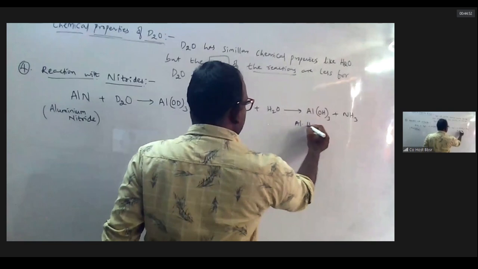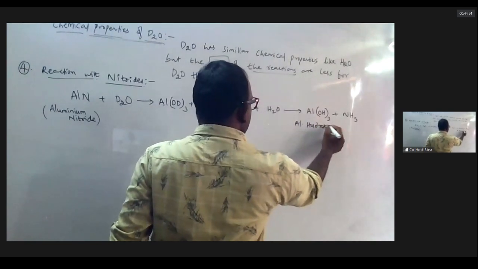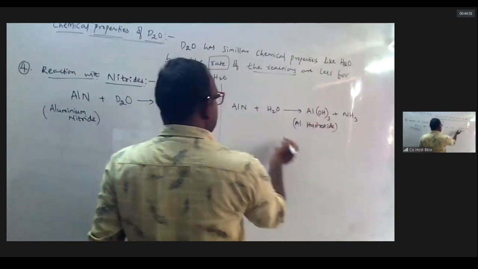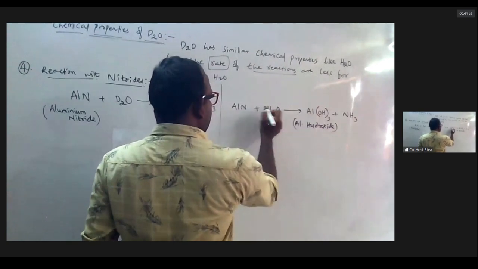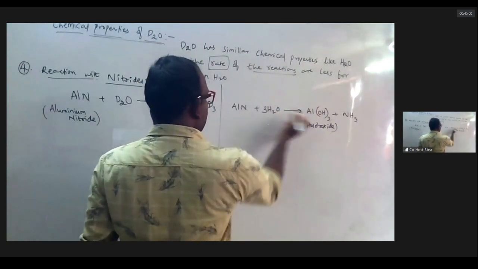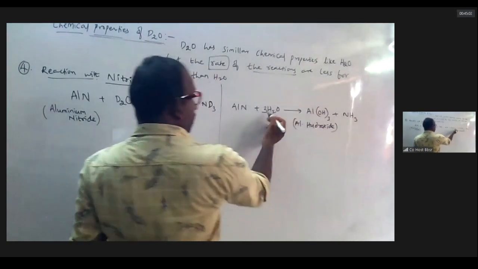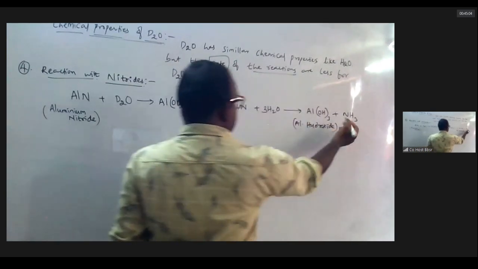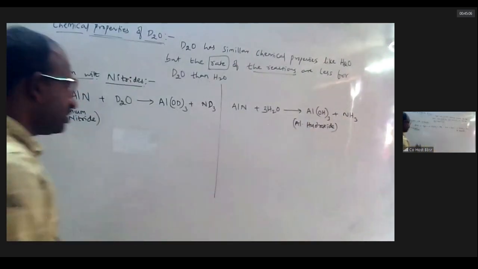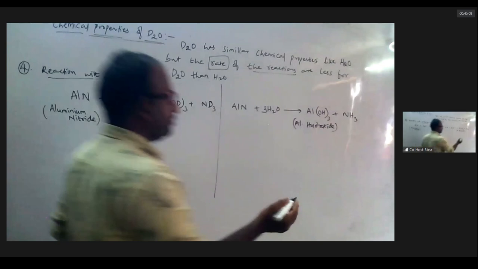This means 3 H2O here, right? One aluminum, one nitrogen, and oxygen is also there, 6 hydrogens balanced. That is ammonia you are getting.